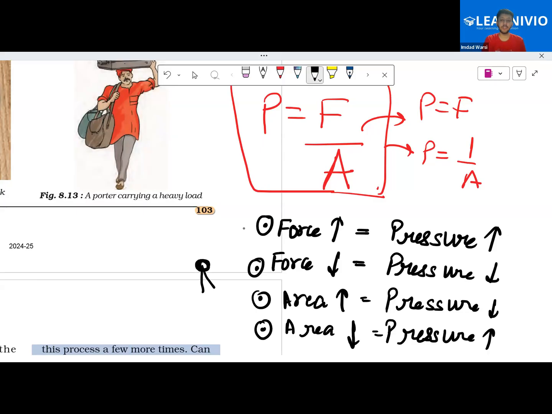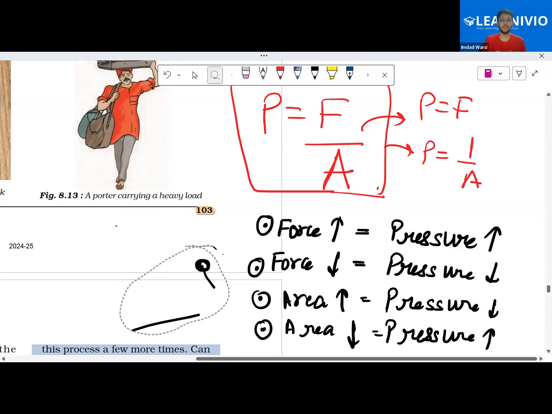If the area is very less, the pressure is very big. So it directly goes into your leg. And let's suppose I make you stand on a wooden plank, on a wooden board. The area is big, so the pressure would be less. You are very comfortable standing on a wooden board because of it. So it's all the relation of area with pressure.